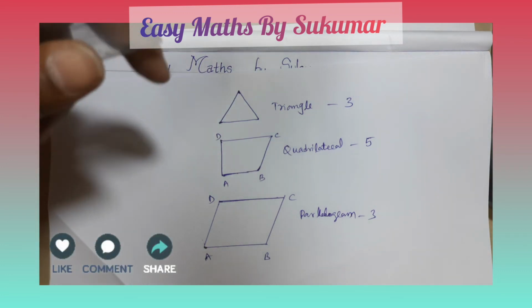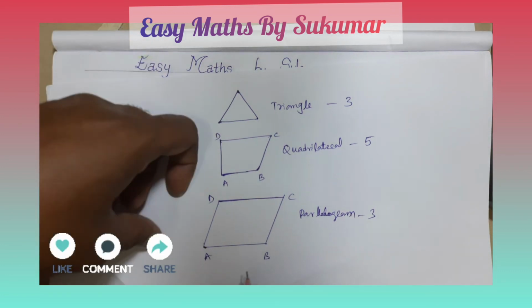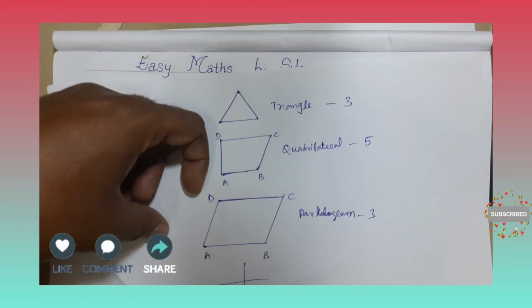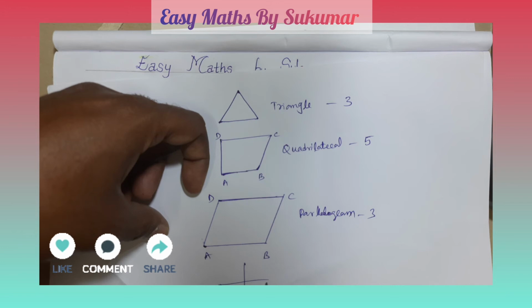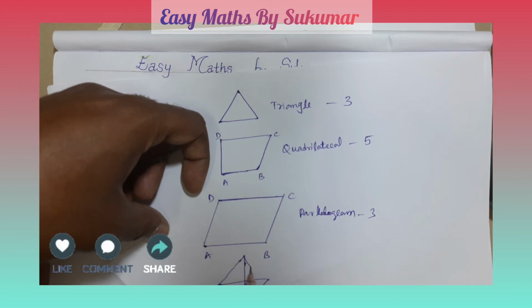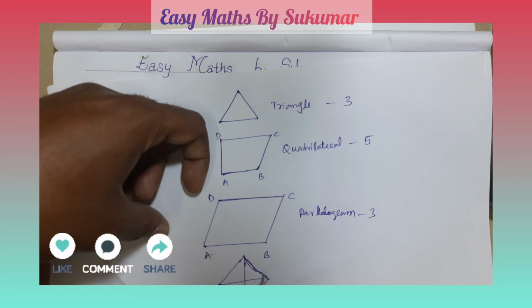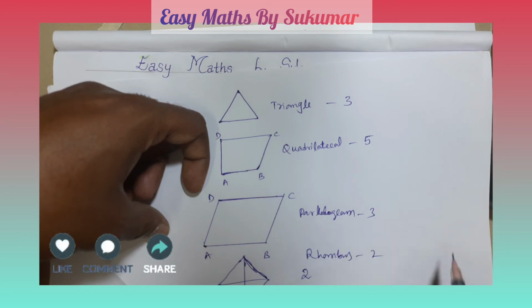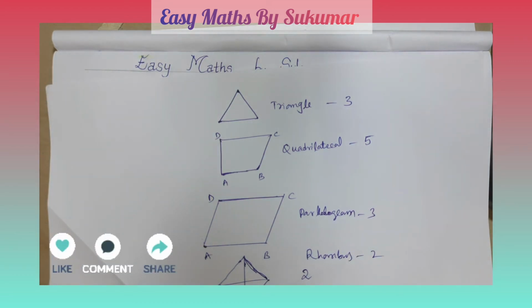And the next one is to construct a rhombus. You know rhombus. To construct a rhombus, we need two independent measurements.